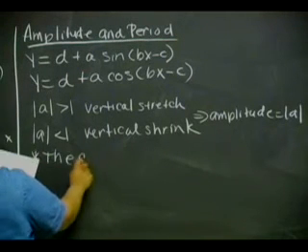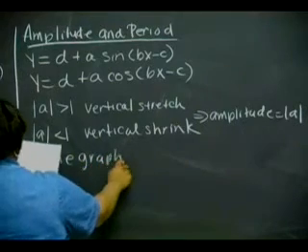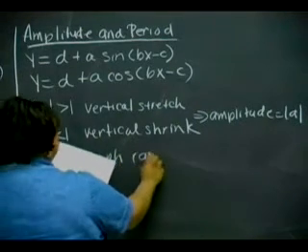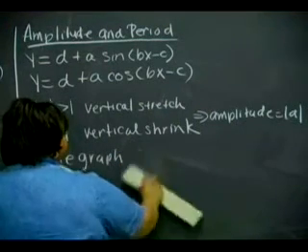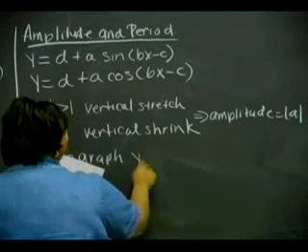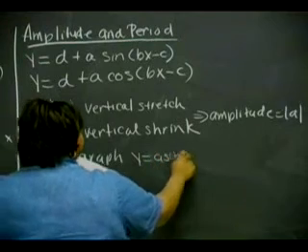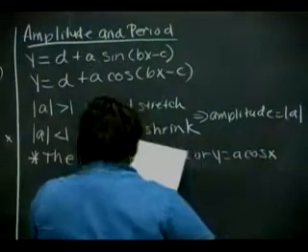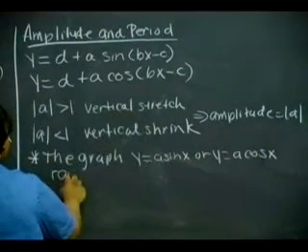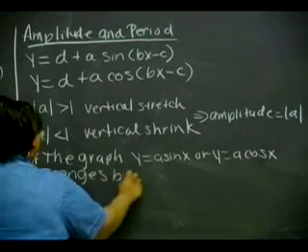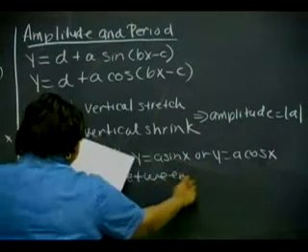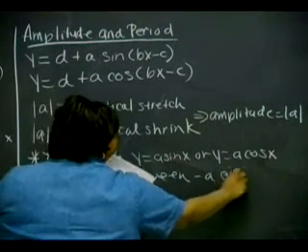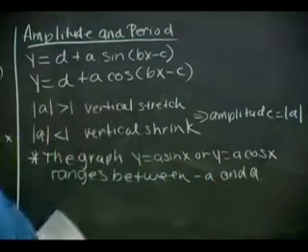So, the graph of just the basic y equals a sine x or y equals a cosine x ranges between -a and a.